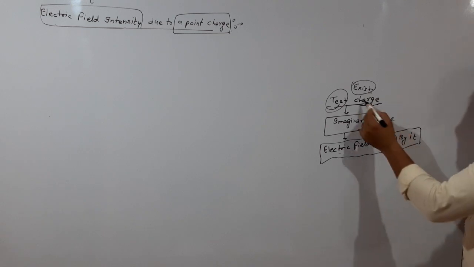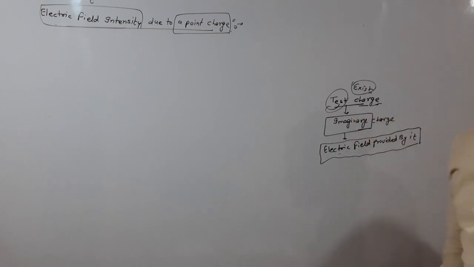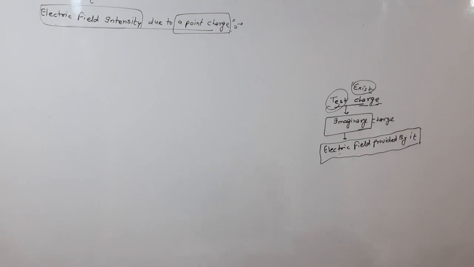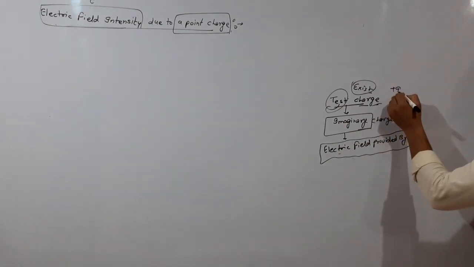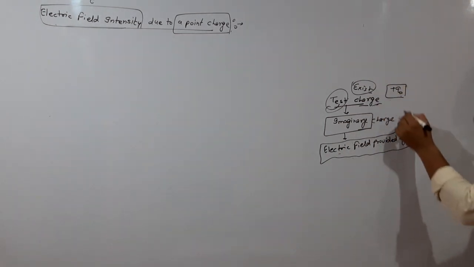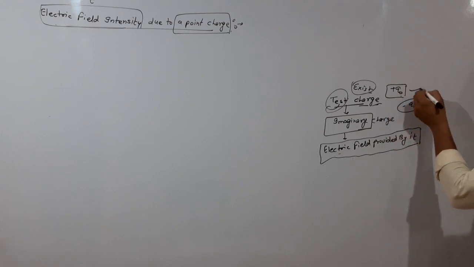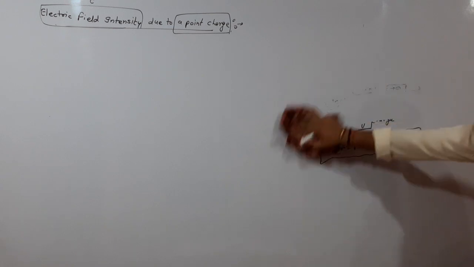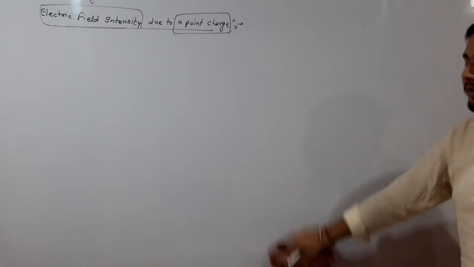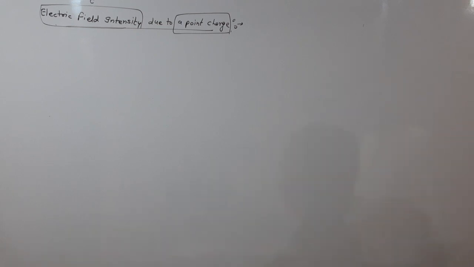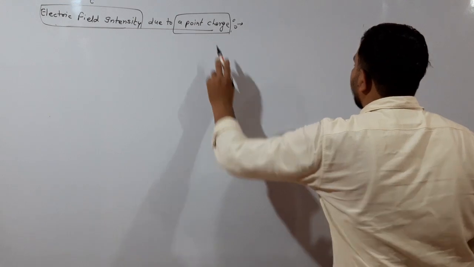This charge is called a test charge. It is denoted by plus q naught, not minus q naught. Clear? Next, our topic is electric field intensity due to a point charge.